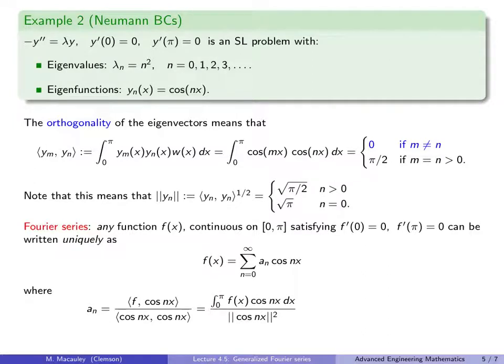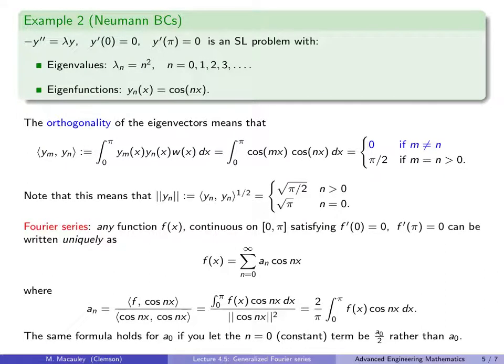As before, that's the integral from 0 to pi of f of x cosine of nx dx divided by the norm squared of cosine nx, which is just this. So that's 2 over pi times the integral from 0 to pi of f of x cosine of nx dx. And this is for n greater than 0. It's slightly different if n equals 0.